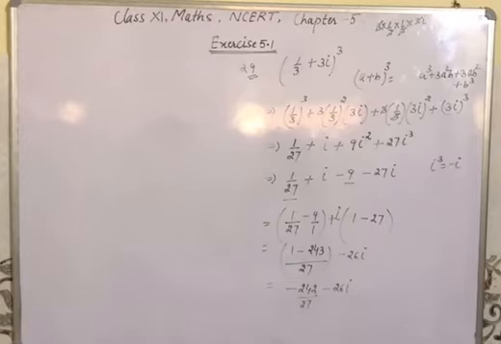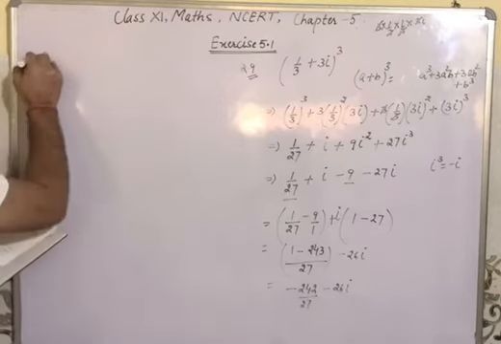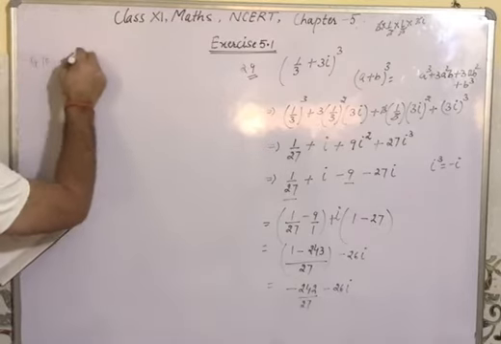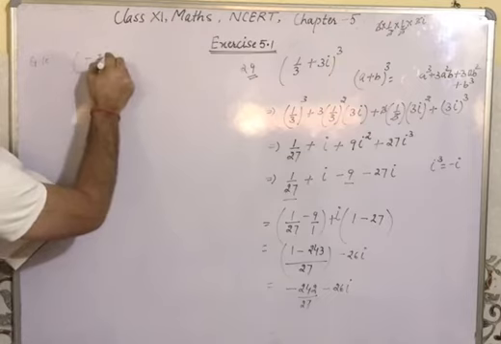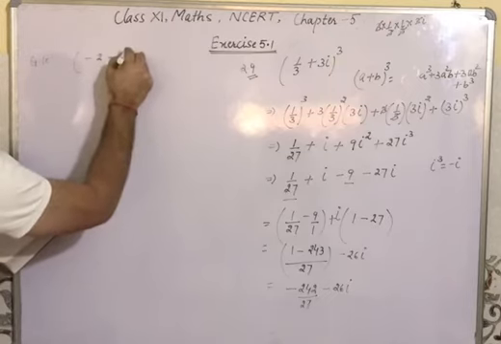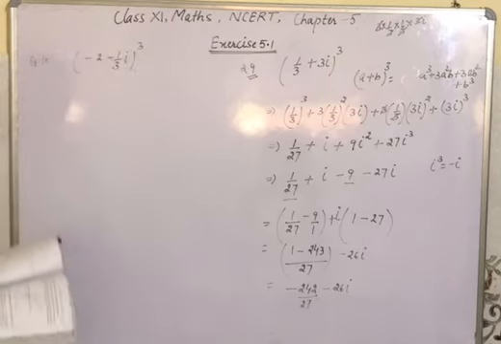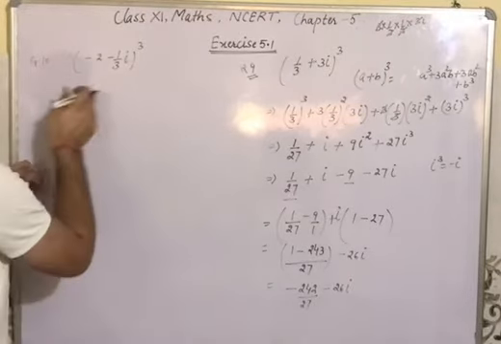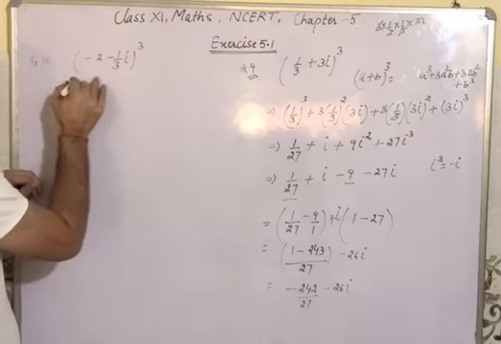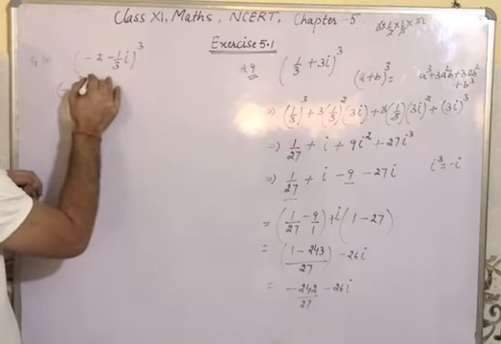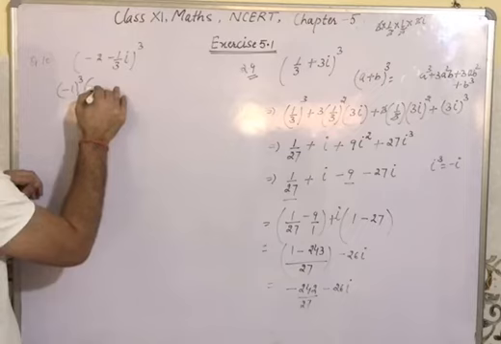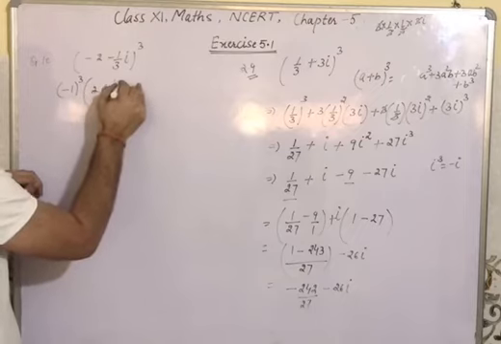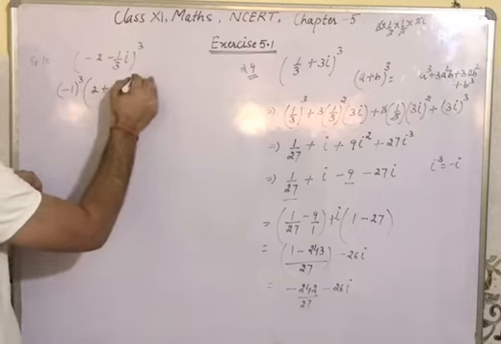Question number 10 is minus 2 minus 1 by 3 iota cube. Then we can write this: minus 1 cube is the common term, and then 2 plus 1 by 3 iota and their whole cube.